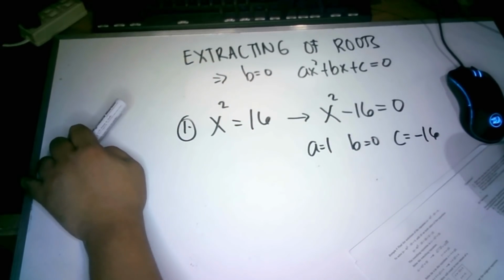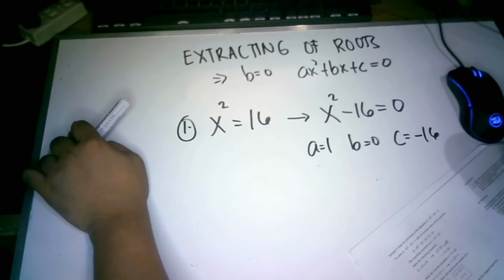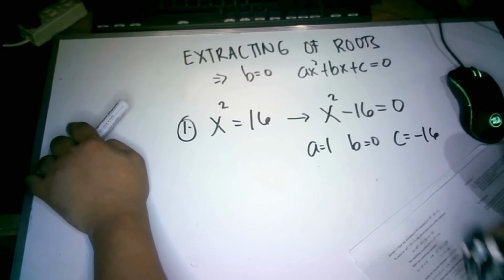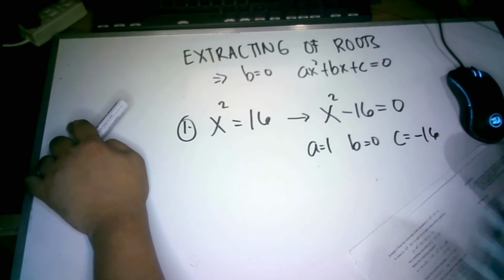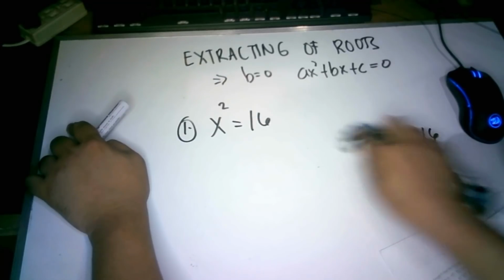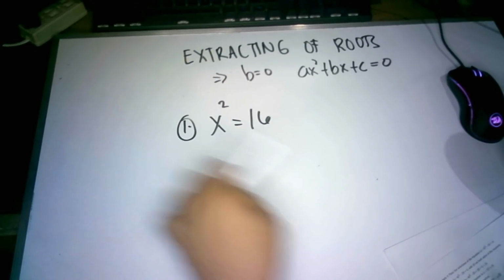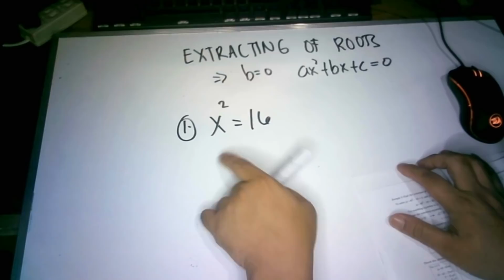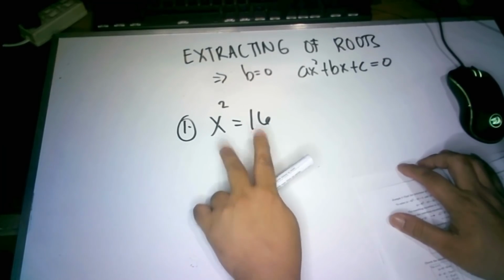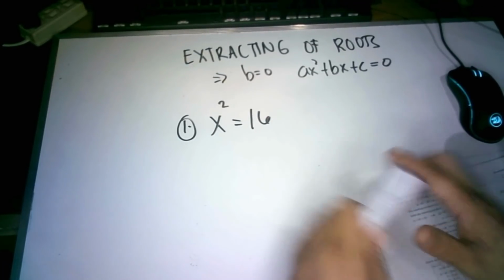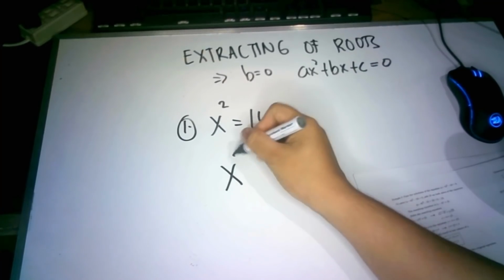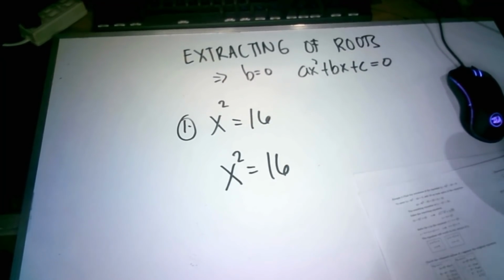So, paano gamitin ang extracting of roots? This is very simple. All you have to do is to make use of the symbol of the radical, which is usually known to us as the square root. Since nakaseparate na silang dalawa, ang gagawin mo na lang is isulat x squared equals 16.